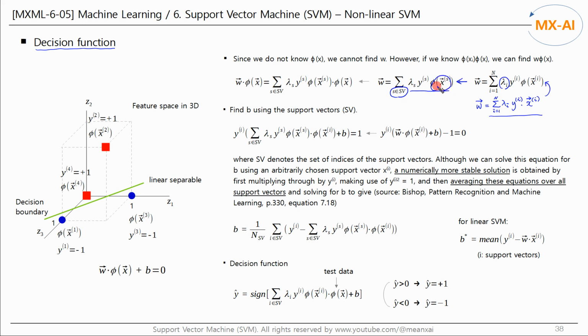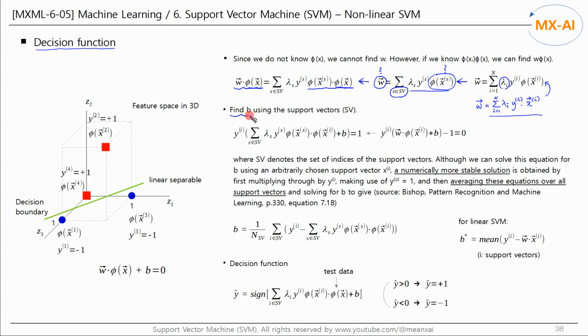Since phi x is unknown, w cannot be found using this formula. Multiply both sides of this equation by phi x to get this equation. If you know this value, you can use this equation to find the value of w phi x.